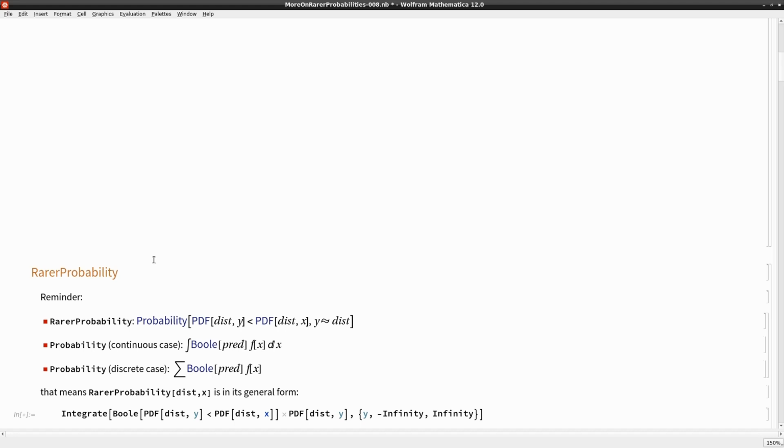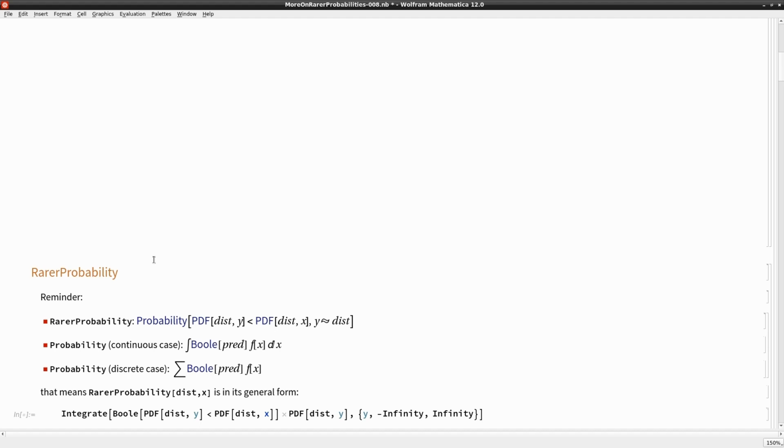And probability implemented in the mathematical system is the integral over Boole, that is a binary function, a 0-1 function, of a predicate times that PDF. That's for the continuous case. And for the discrete case, we're using the sum for what is essentially the same, Boole times the PDF.